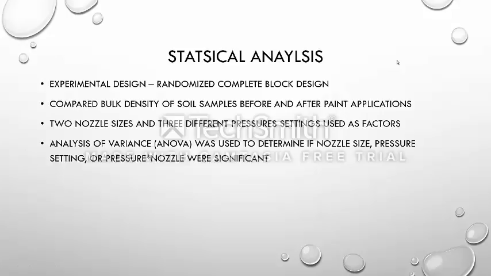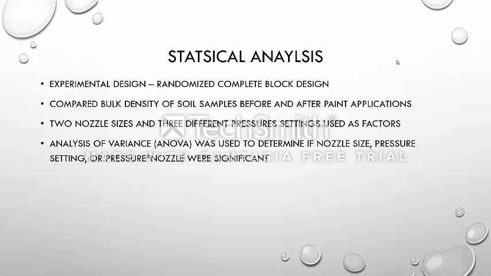Dr. John Zobel helped me with my statistical analysis, and I used a randomized complete block design, and we're comparing the bulk density of the soil samples before and after the paint applications. We used nozzle size and 3 different pressures as the factors, and we just did a simple analysis of variance.